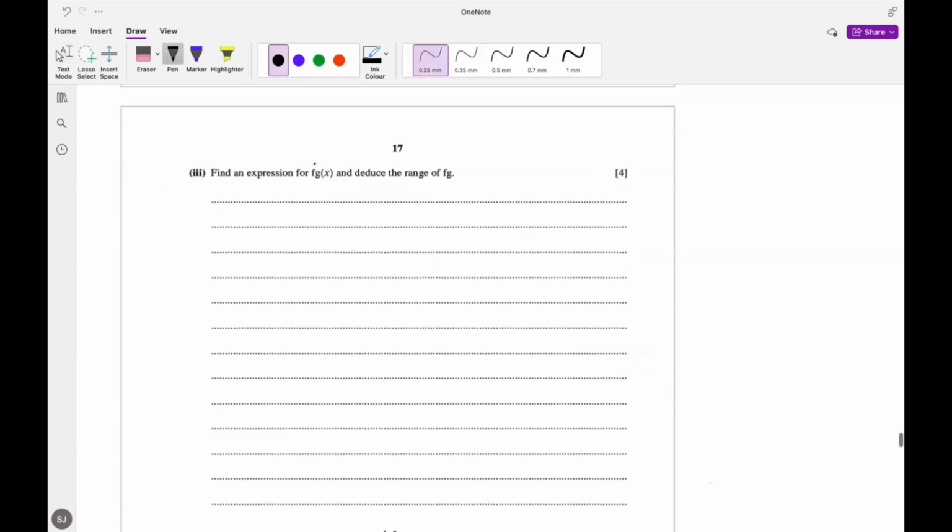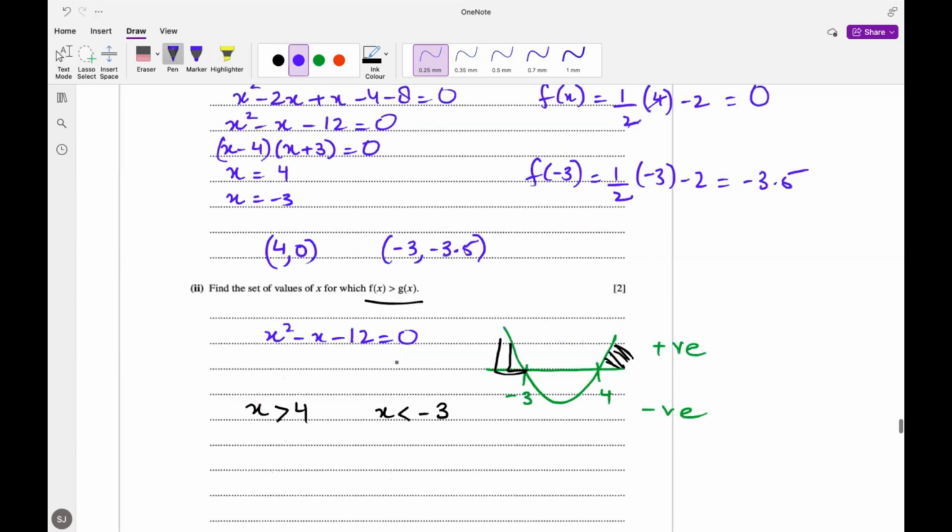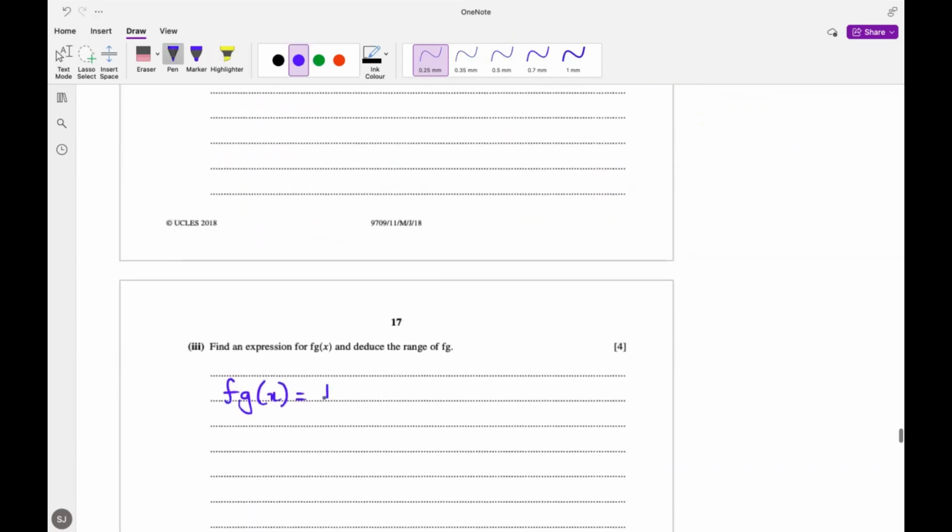In part 3, we have to find an expression for fg of x and then find the range of fg. So to find the expression for fg of x, in the function f, we will substitute the function g. The function f was half x minus 2. So we'll write half, and in place of x, we'll substitute the function g, which was 4 plus x minus x squared upon 2, and the minus 2 will remain outside.